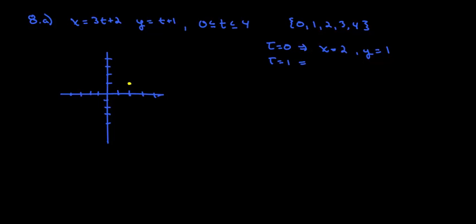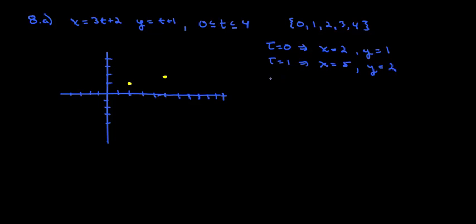If t is 1, we get an x value of 5 and a y value of 2. So an x value over 5, so 1, 2, 3, 4, 5, up 2.